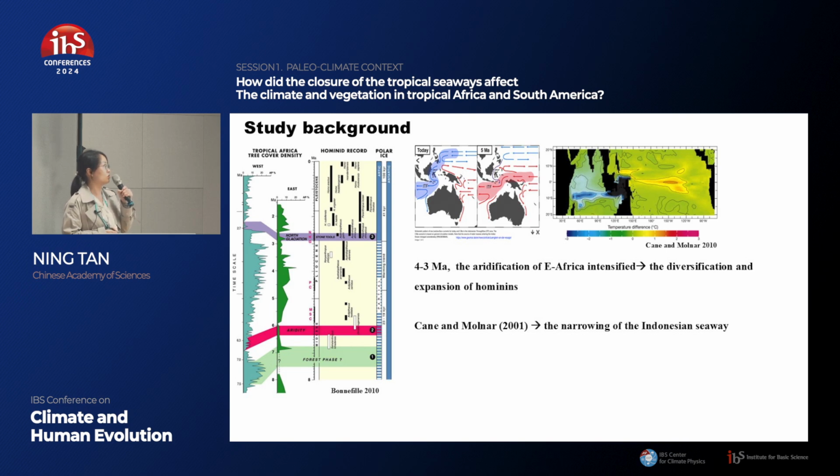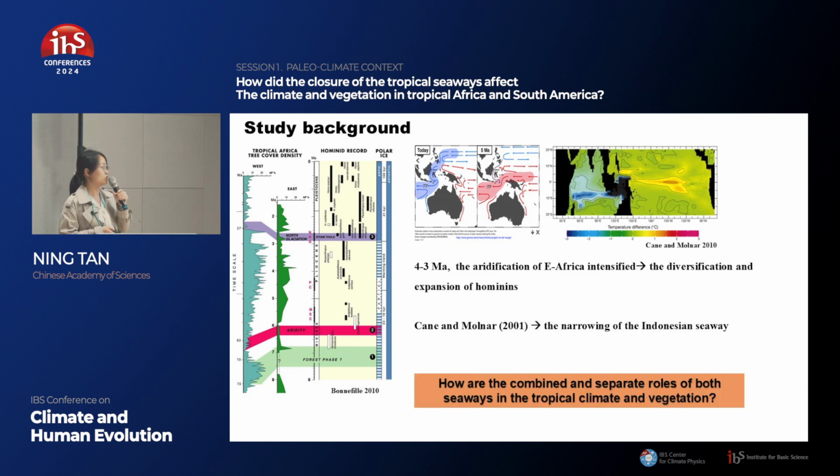It also links to the diversification and the expansion of hominids. But this study only used the ocean circulation model and did not systematically discuss the combined effect and the separate roles of these two tropical seaways.